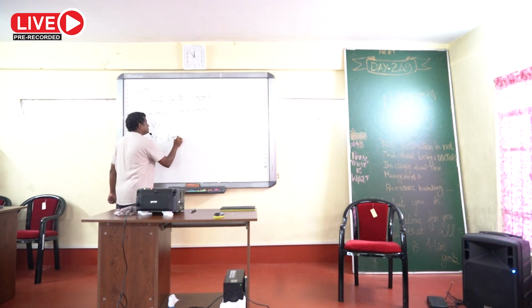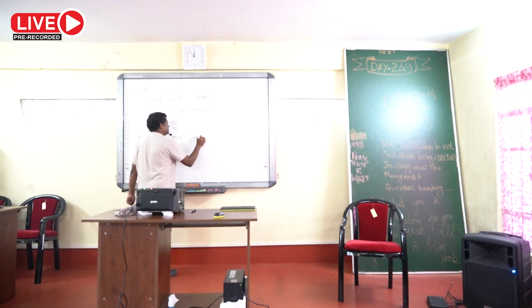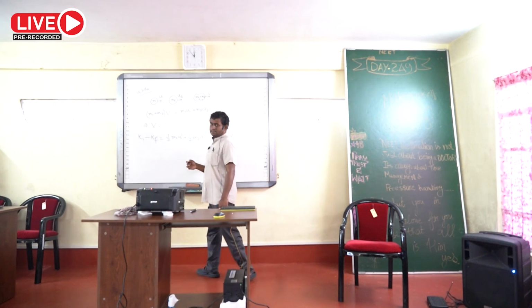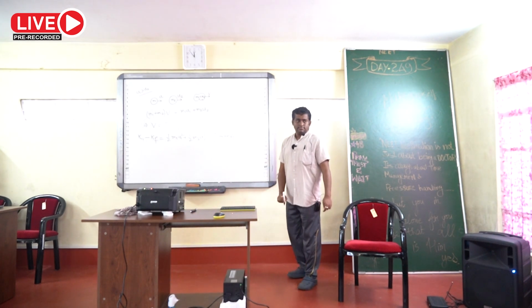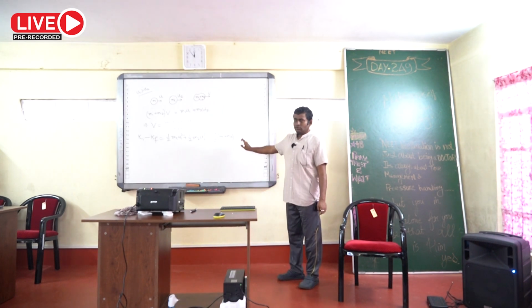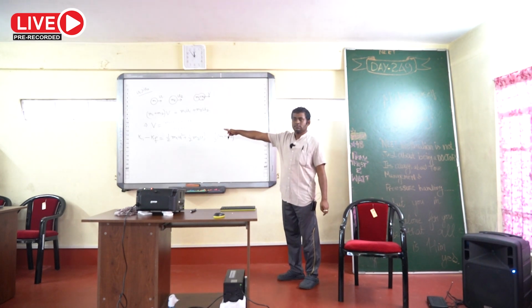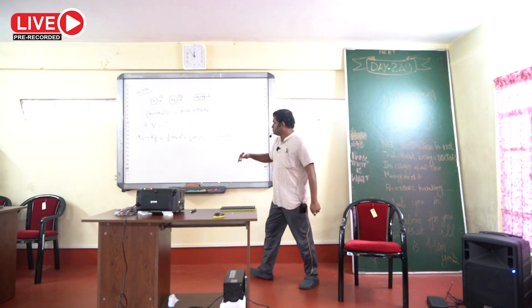Half m1 u1 square plus half m2 u2 square minus half total mass, m1 plus m2, into v square. But what is v? That value, m1 u1 plus m2 u2 by m1 plus m2.